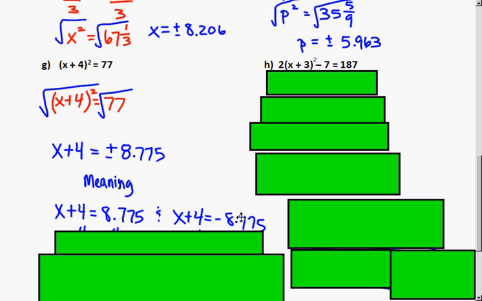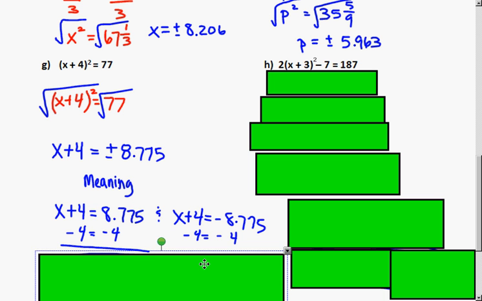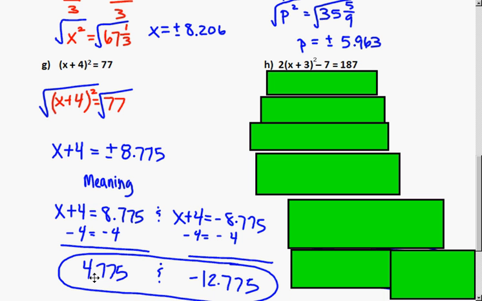Here's the positive, here's the negative. You need to subtract 4 in both equations here. So you have a positive 8.775 minus 4 and a negative 8.775 minus 4. You would wind up with a positive 4.775 and a negative 12.775. So you'd actually wind up with two answers.